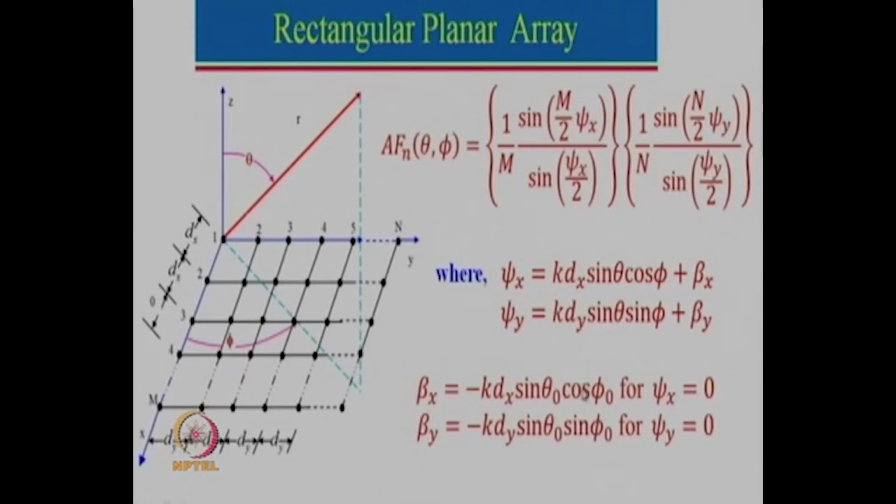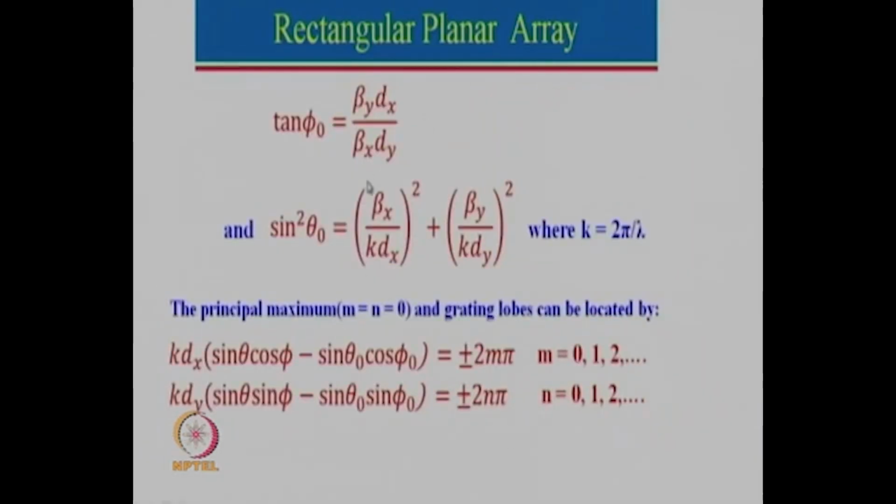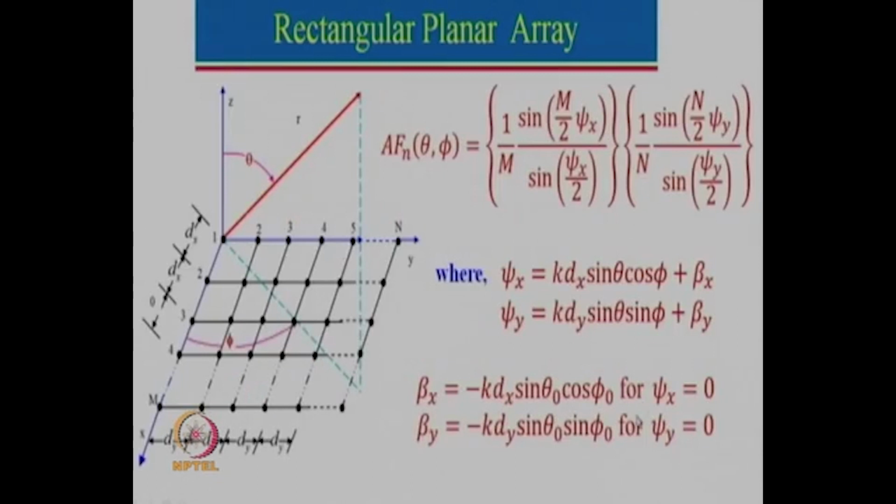If we take the ratio of the two, this term will get cancelled with this here, and we can actually see that sine divided by cos will be tan phi 0, that is the expression given over here. So if beta x and beta y are known, we can calculate what will be the beam maximum.